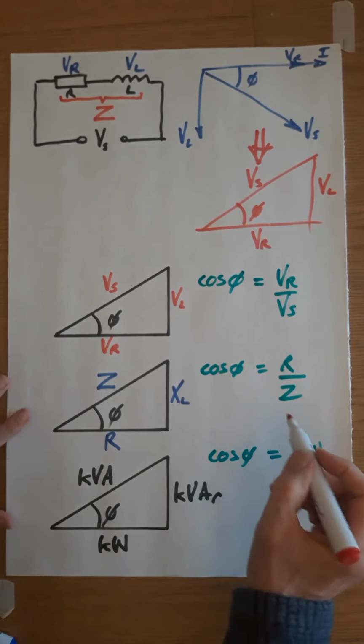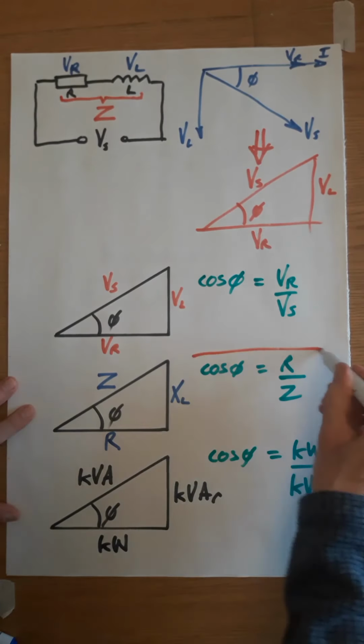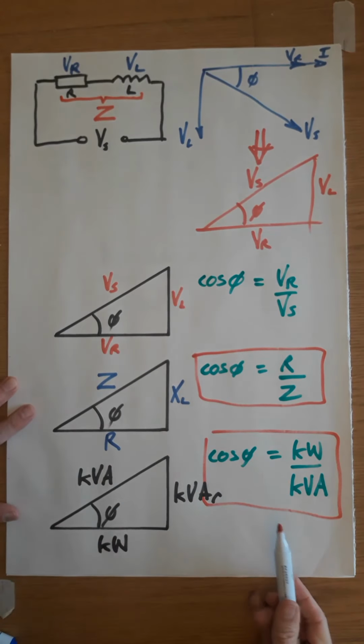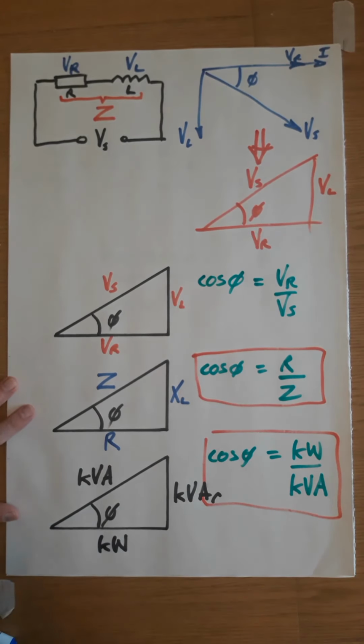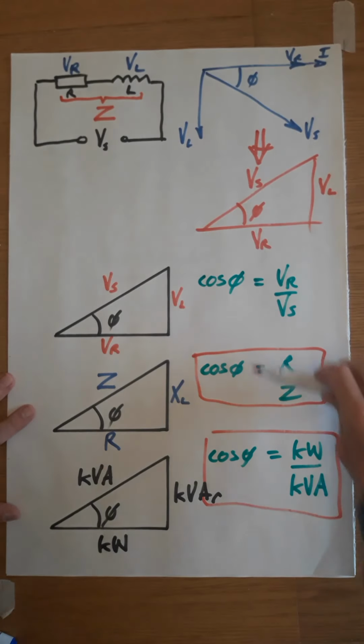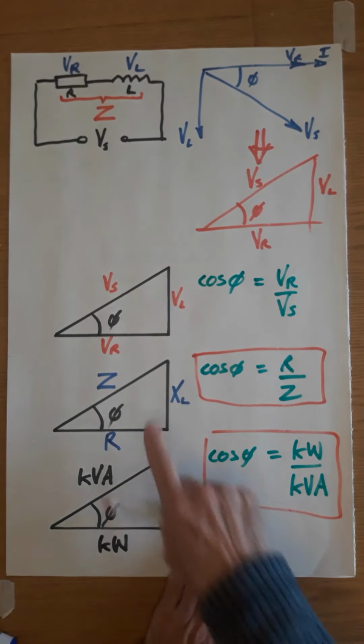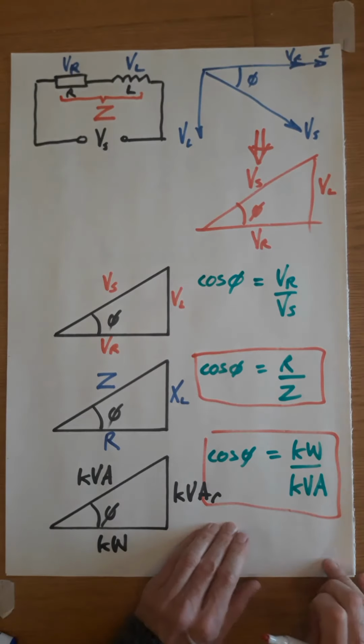These formulae are really important, especially this one and this one. In an end of year exam, at least two of these three are almost certain to appear. These two are the favourites. We'll revisit these triangles and the numbers at the end.